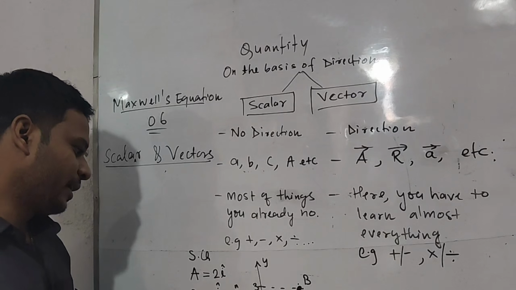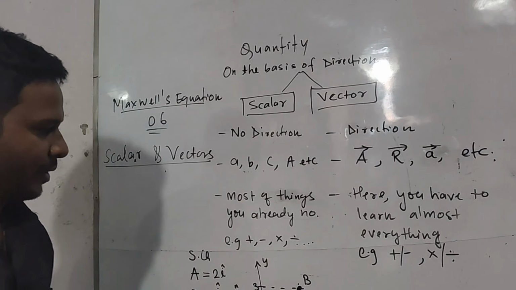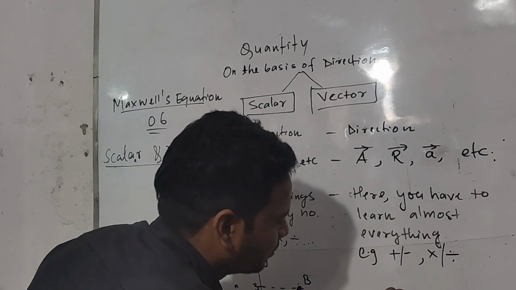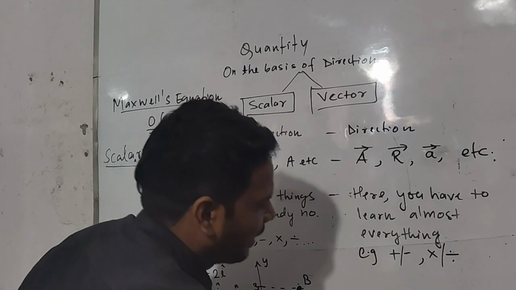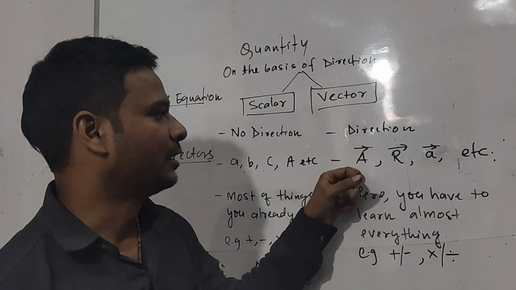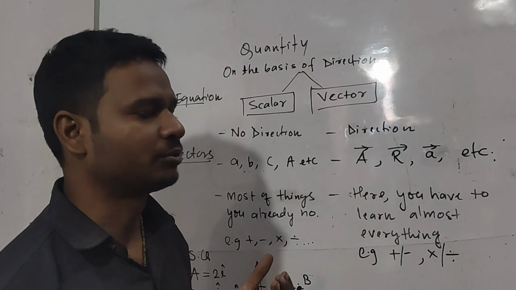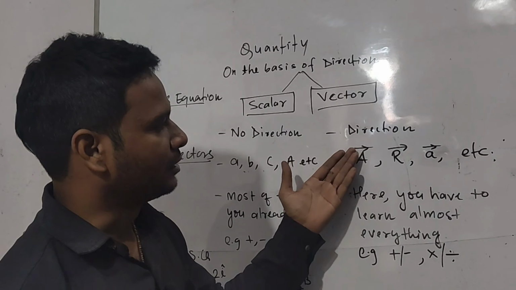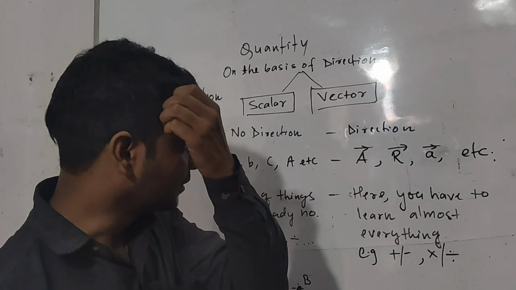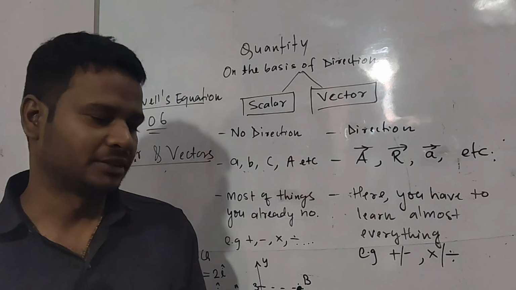In a scalar quantity, you have these kinds of things, and you can represent them like this. But for a vector quantity, suppose a vector A, vectors are represented by a special symbol, usually a capital letter, but sometimes we also use a smaller letter. The main thing is the arrow on their heads. This tells you that it is not a scalar quantity, it has direction, it's a vector quantity.